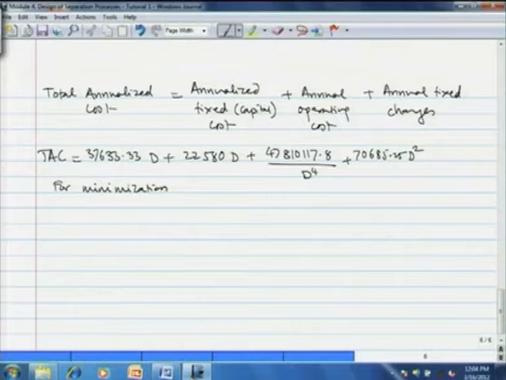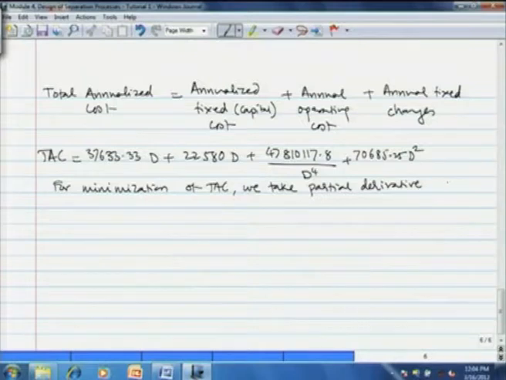Now, for minimization of TAC, we take partial derivative with respect to D. So, dTAC by dD. Okay.